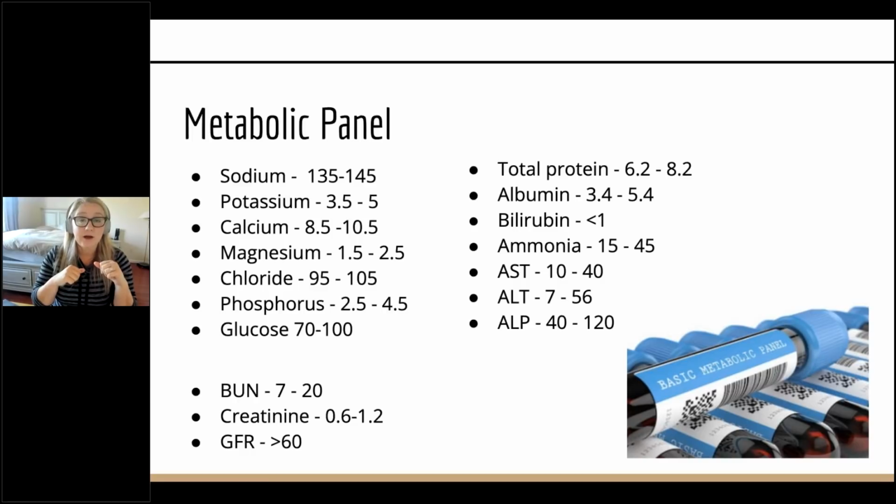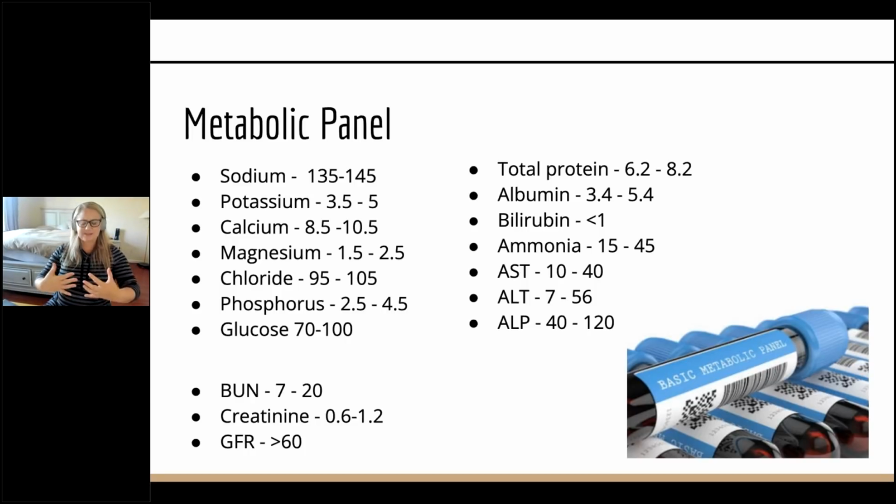What's key here with albumin is that if we don't have enough albumin in the bloodstream, we can't actually hang on to that fluid. It'll just leak right out of the blood vessels. It's not going to stay where we need it. It's going to leak into the tissues. We call that third spacing. Our patient is going to become edematous.